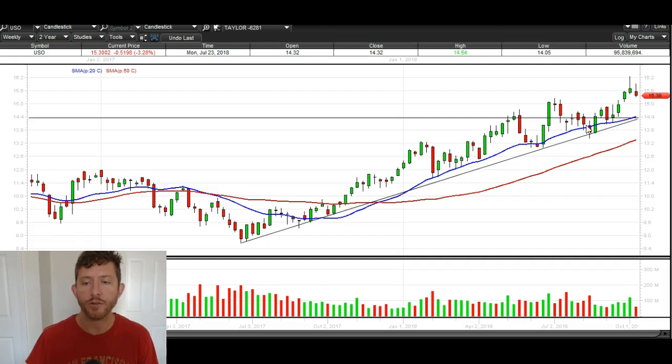It was previous resistance right there, and then it turned into support as we broke over it. So right around 1440 on USO. If we head lower, I think we'll definitely get, at the very least, a short-term bounce. So that's the main level here on USO and oil.